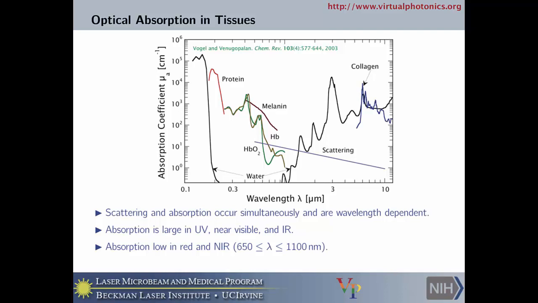Then, as you go into the visible, the main players typically are melanin, oxy and deoxyhemoglobin, water, and also fat, which I haven't shown here.